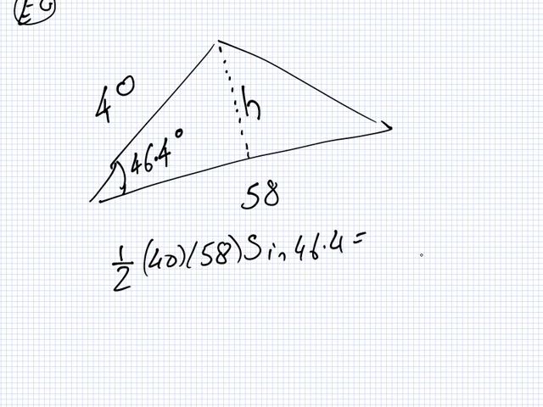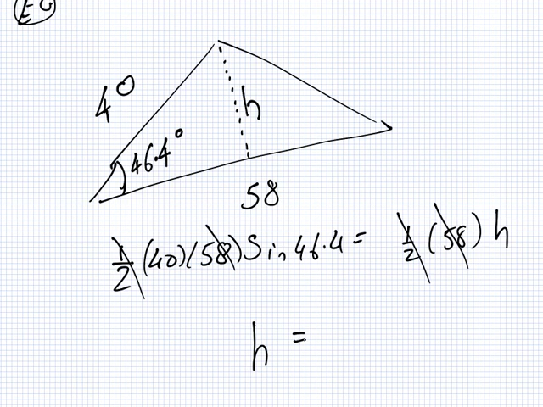We also know that the area is a half, 58 times h. So if you cancel the half 58 with the half 58, then we get the height is 40 sine 46.4. So what is 40 sine 46.4? Okay, so I'm going to make that 29 then.